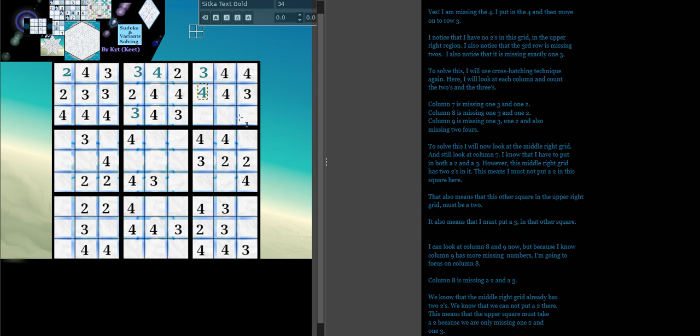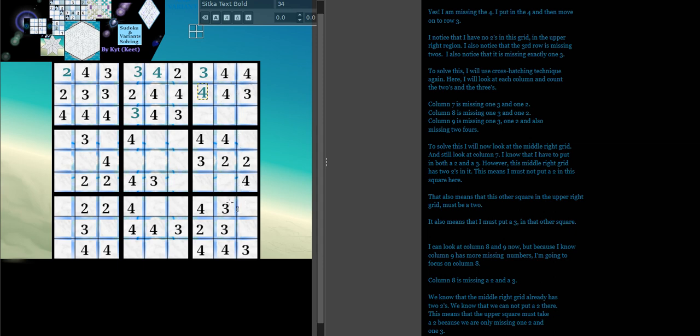Column 7 is missing 1 3 and 1 2. Column 8 is missing 1 3 and 1 2. Column 9 is missing 1 3, 1 2, and also missing 2 4s.